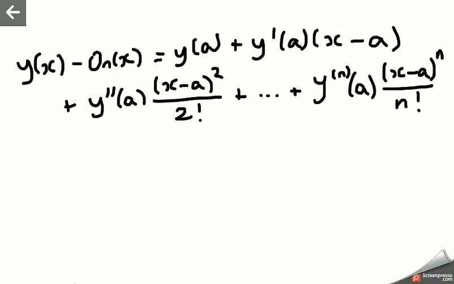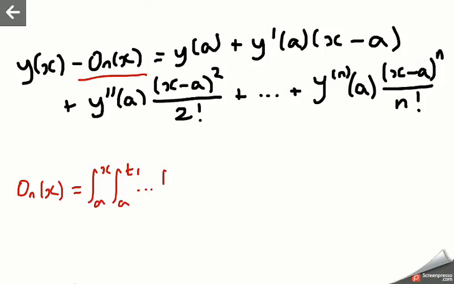And the reason why we need it to be differentiated n plus 1 times at the point A is this Rn of x term here. Rn of x is a little bit nasty. Rn of x is actually equal to the integral from A to x of the integral from A to t1, all the way to the integral from A to tn of y differentiated n plus 1 times, and we use a dummy variable tn plus 1.